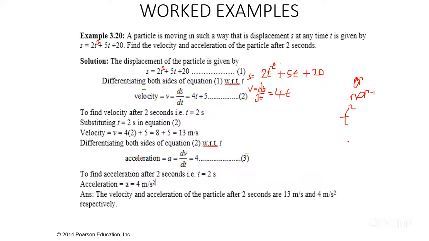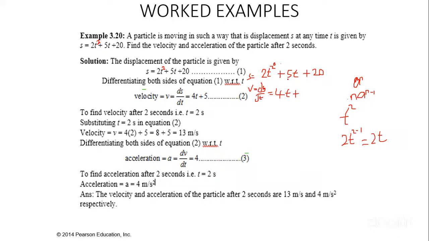So if I differentiate this, this will be 2t to the 2 minus 1. So that will give me 2t. Now, if I have 2 already here, that 2 multiplied by these 2 gives me 4. That's how I got 4t.